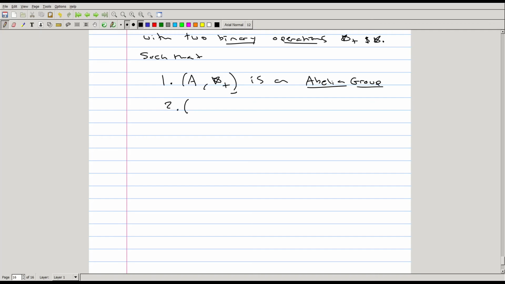And we'll call E the identity, the additive identity.